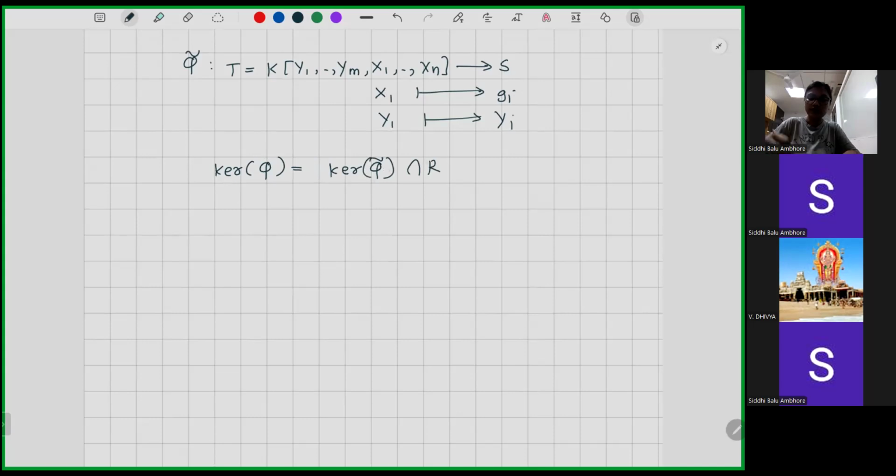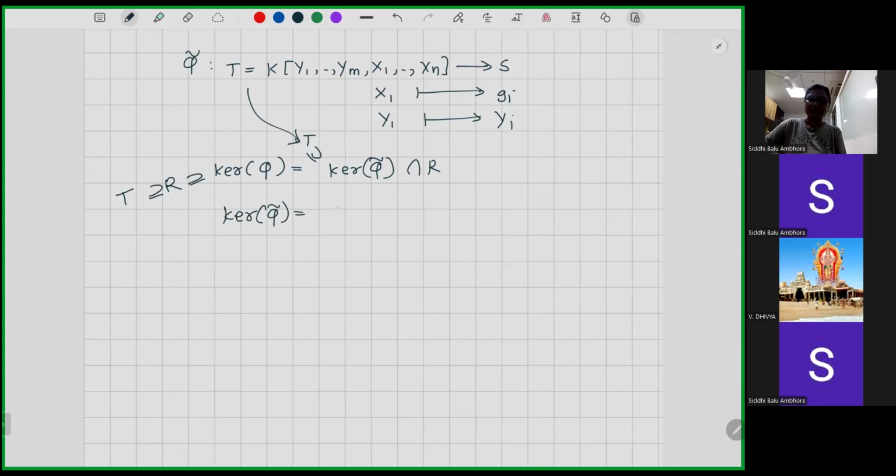intersection R. So kernel of phi tilde is in the bigger ring, this ring T. But kernel of phi is in our original ring R, which is contained in T. So they say that this kernel of phi is the intersection of the kernel of this new map phi tilde with R. But why is this phi tilde so important?